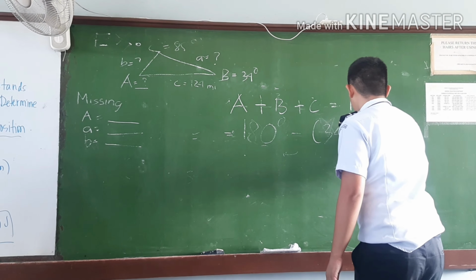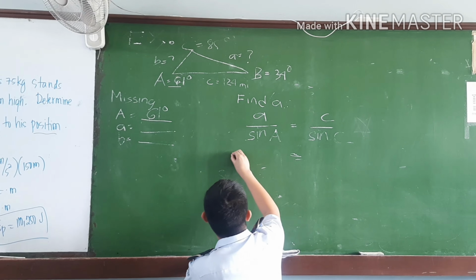In order to get the missing side A, we must first use the sine law. So, cross multiply.